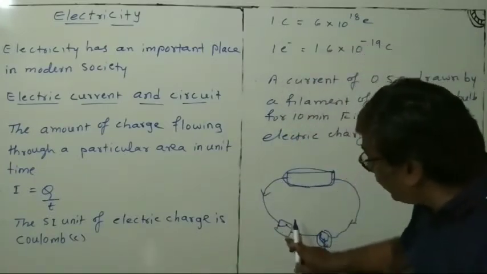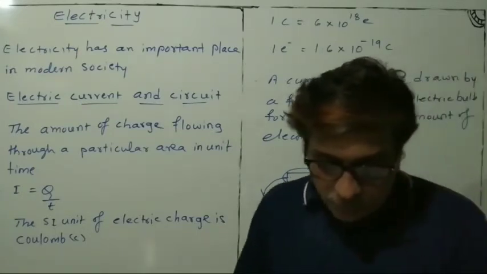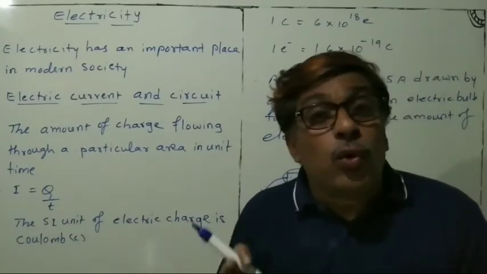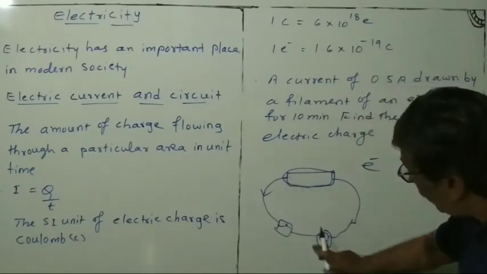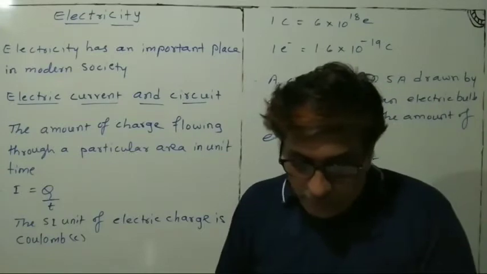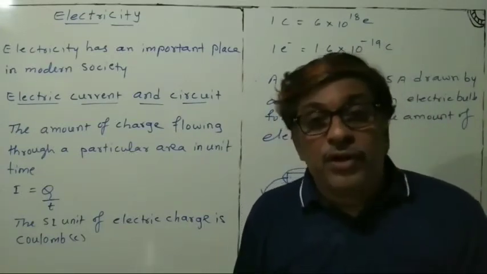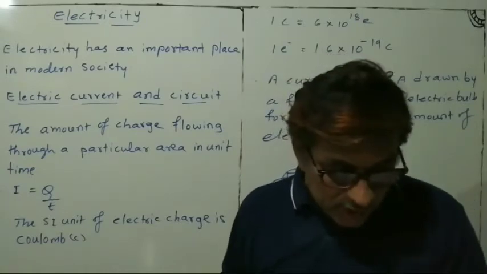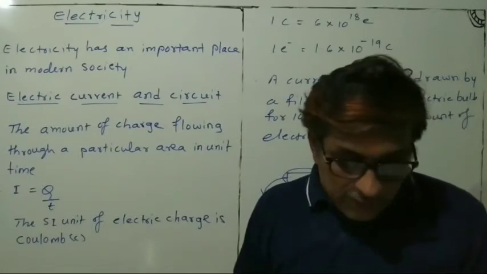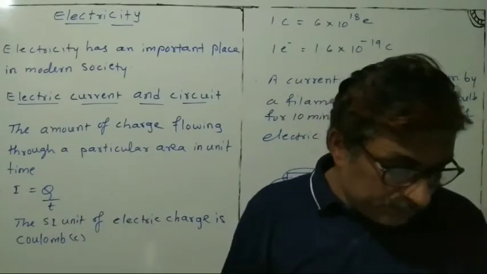A continuous and closed path, see, this is the closed path, a continuous and closed path of an electric current is called an electric circuit.